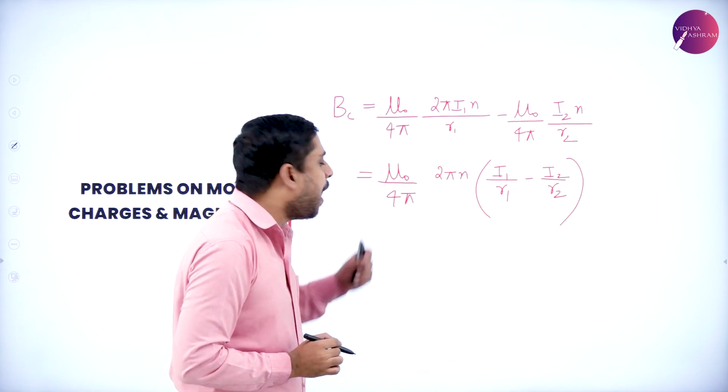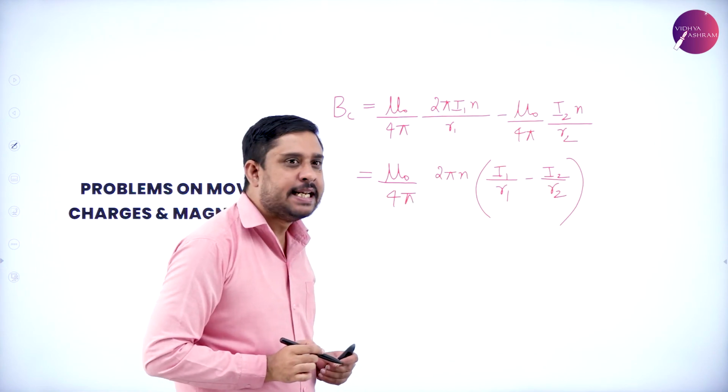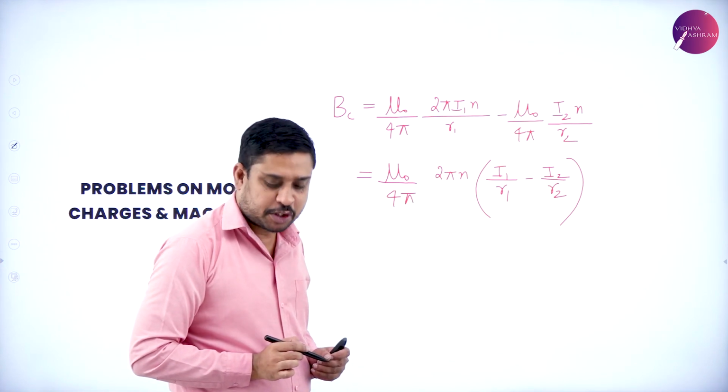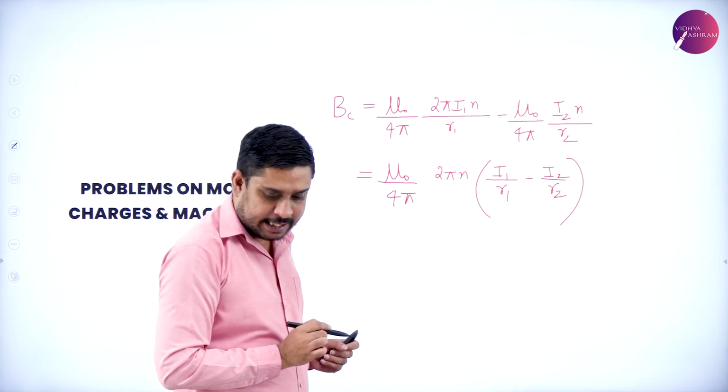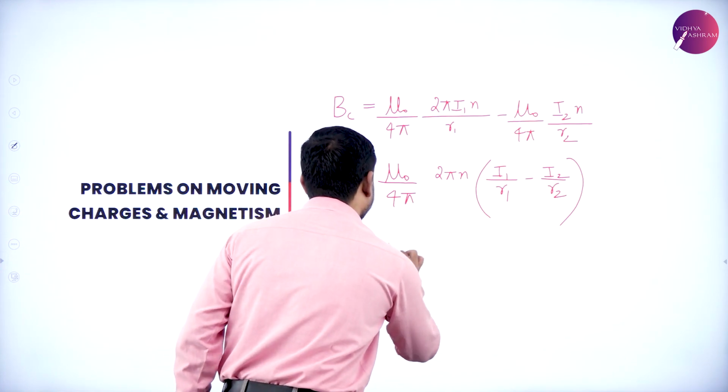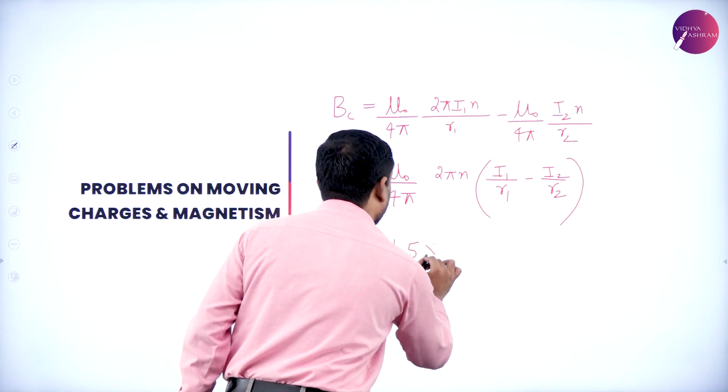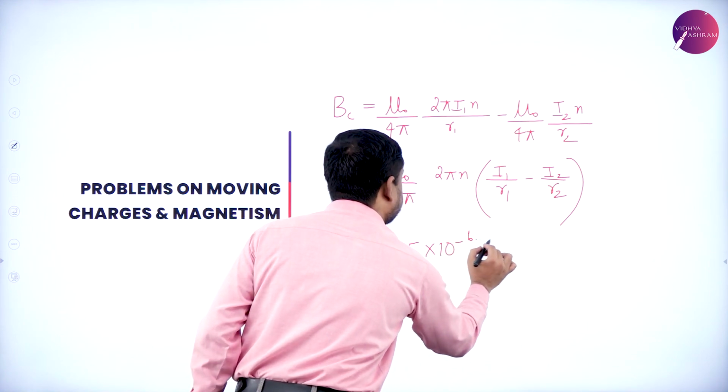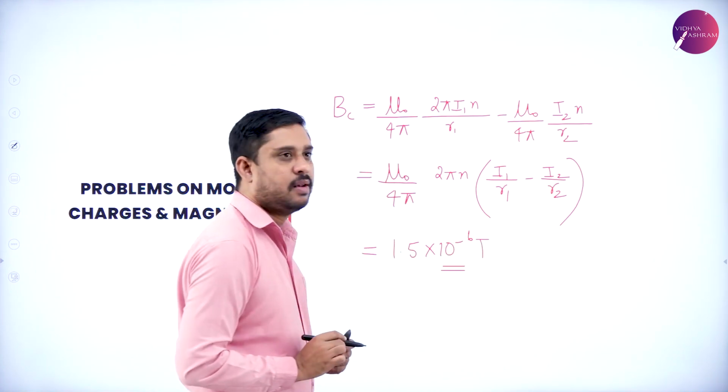So this turns out to be 1.5 into 10 power minus 6 Tesla.